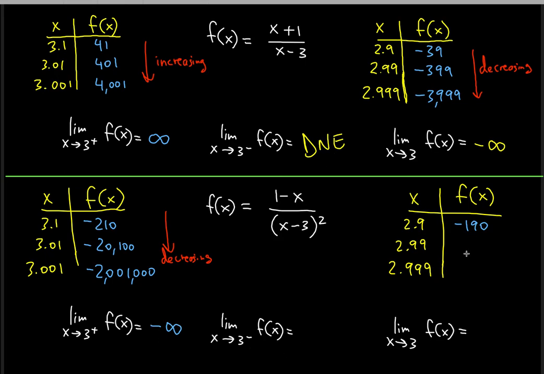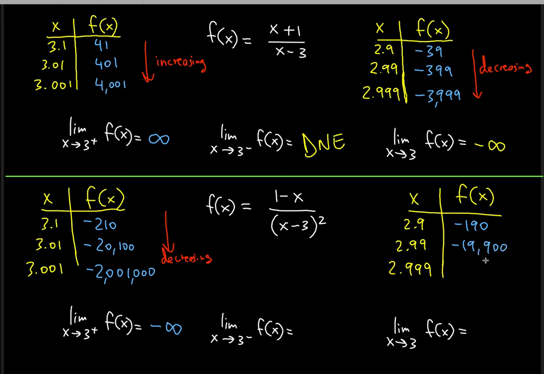But let's confirm that. So now 1 minus 2.99 over 2.99 minus 3 being squared, and by the way, I'm using a TI-30XA calculator to find these values, I'm getting negative 19,900.